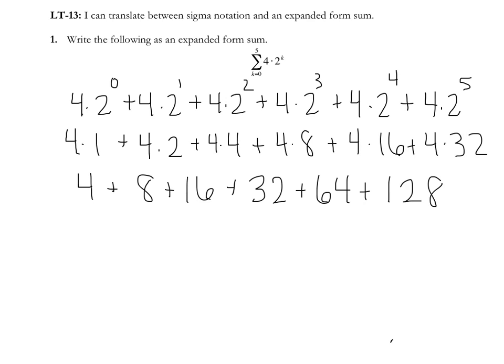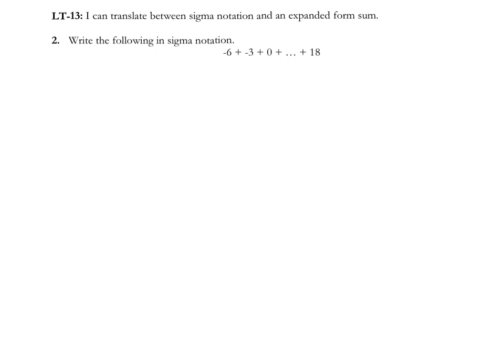And this is our expanded form sum. If it asks you to write it as an expanded form sum and doesn't ask you to find the sum, you just leave it in this format where you translate the sigma notation into a sum of numbers written out like this.